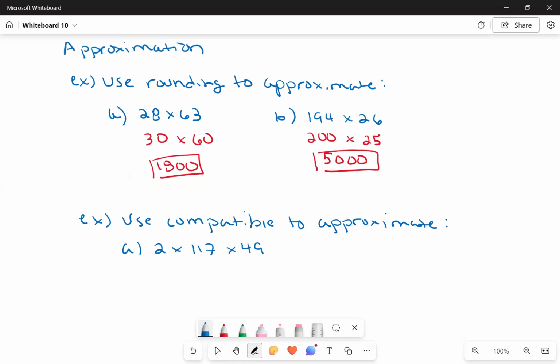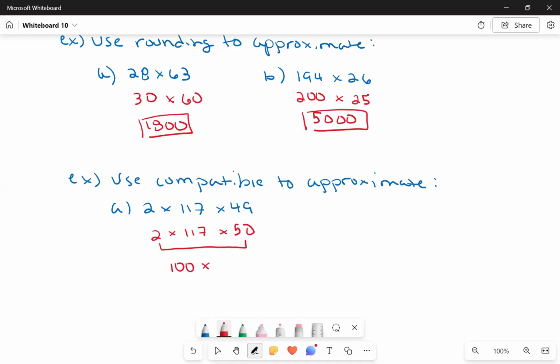I see the 49 and I'm like, let's call that 50. Then I'm thinking, 2 times 50 would be easier to work with first. So 100 times 117 will be 11,700. I only needed to round one number and that made my life much easier.